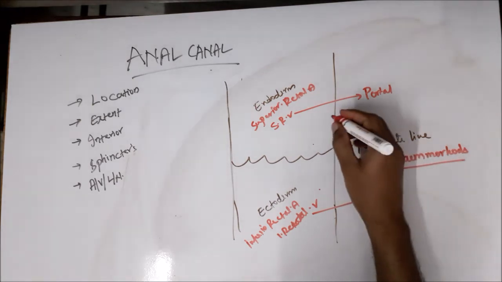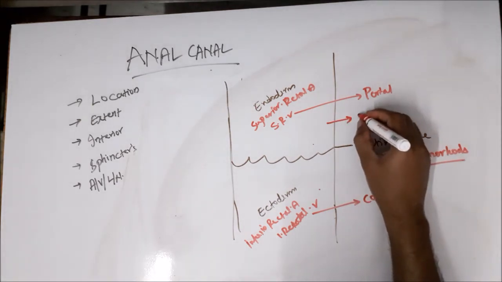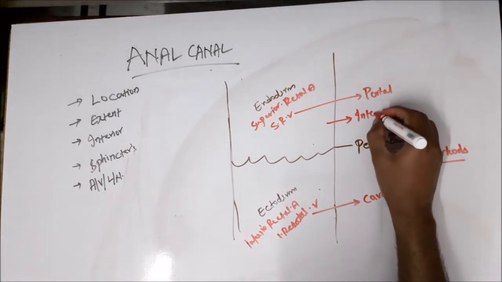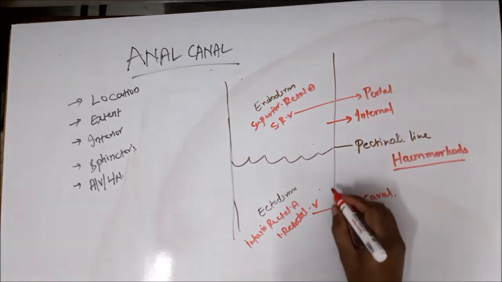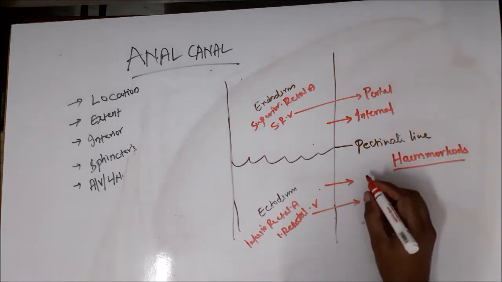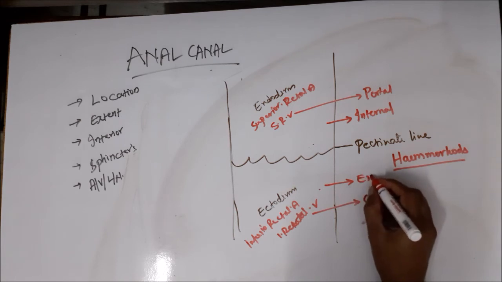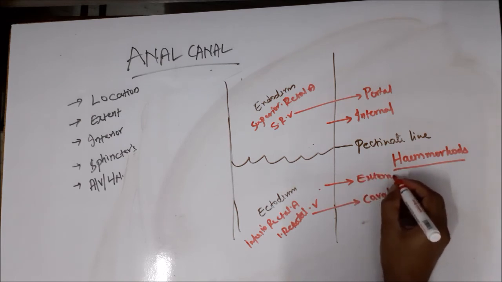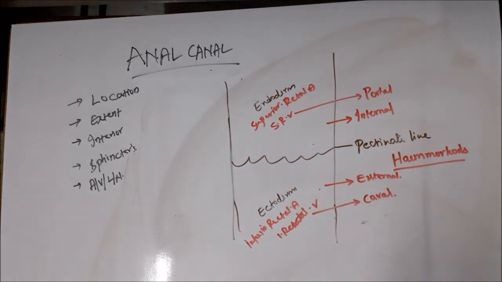If they occur above the pectinate line, they are called internal hemorrhoids, and if they occur below the pectinate line, they are called external hemorrhoids. One more important thing is that internal hemorrhoids are painless and external hemorrhoids are painful.